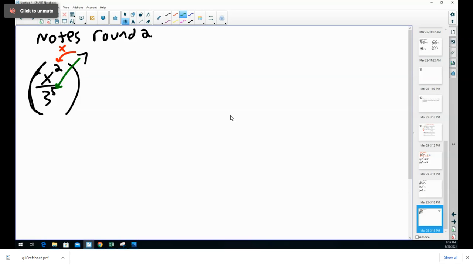Remember, bases are going to stay the same. So this will give us x on top to the 14, right, in red, so you guys can see the color code. And then on bottom, 3 to the 35th. Again, that 35 is in green, just so you guys can see the color code.